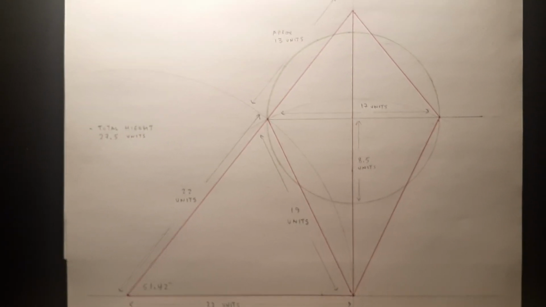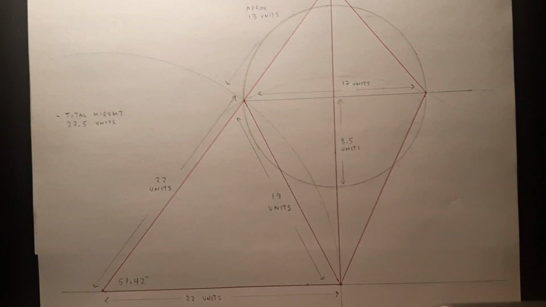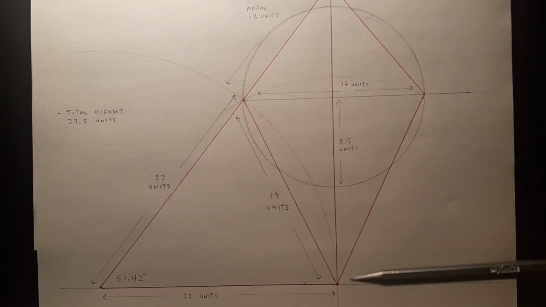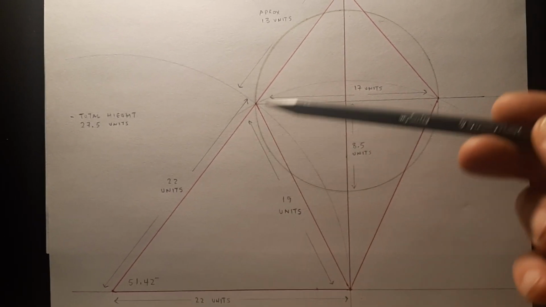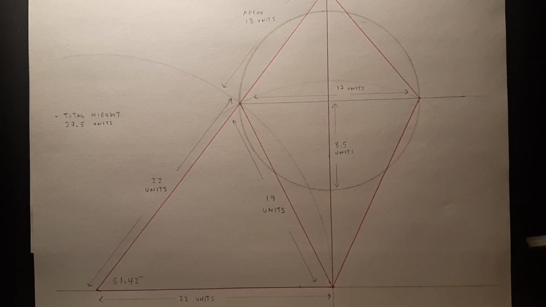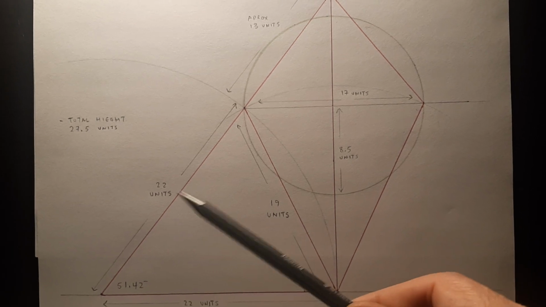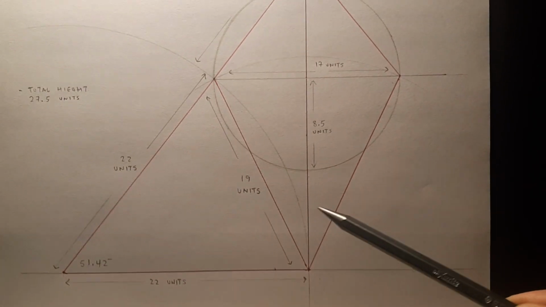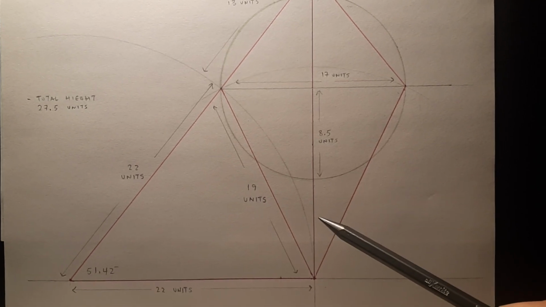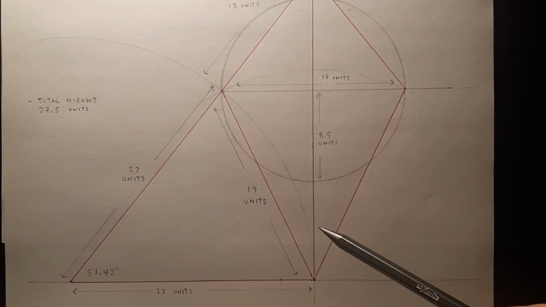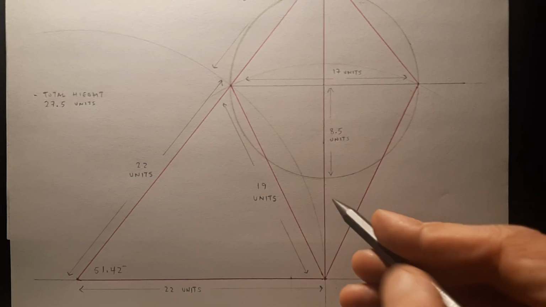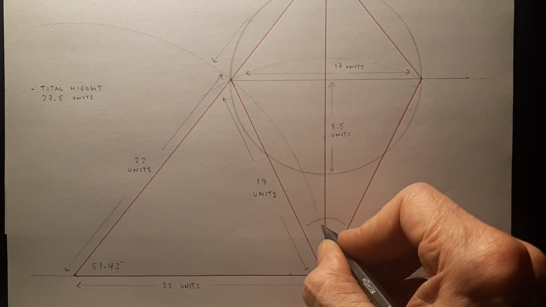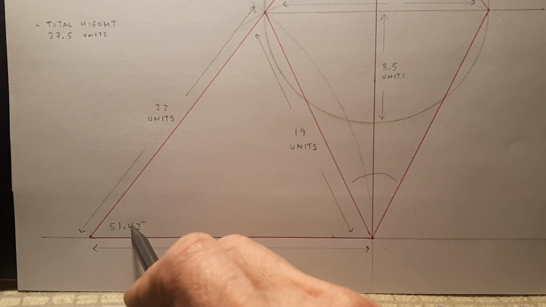One last look at this. What's also interesting here, in this mathematical logic that I'm using, where you build your two sides up first, using these 22 by 22 by 19s, this angle in here, interestingly enough, is 51.42. This one in here is equal to that.